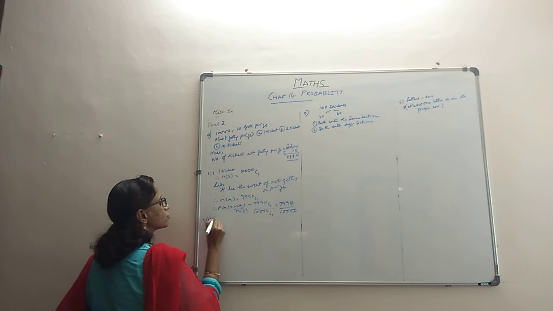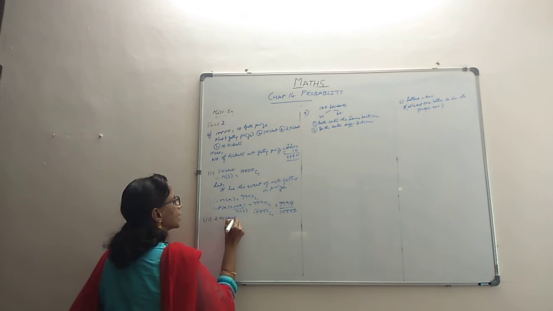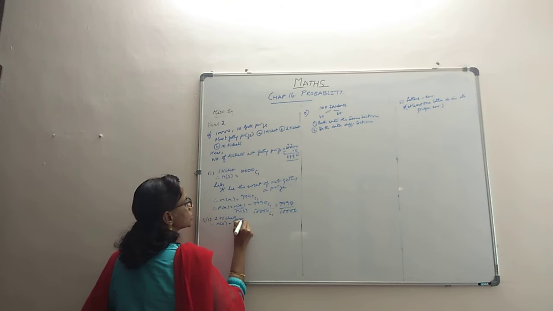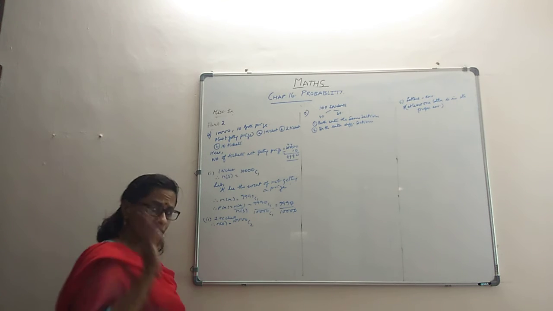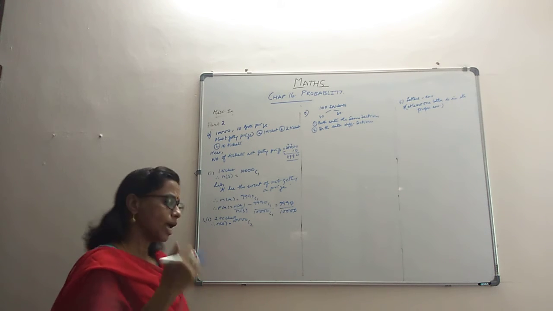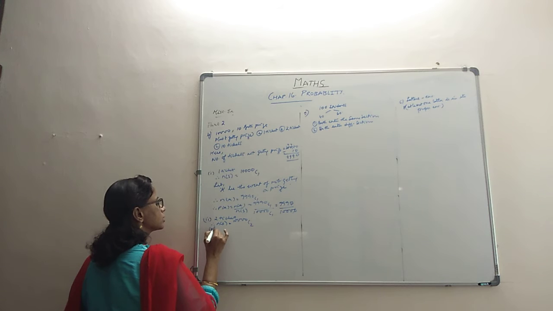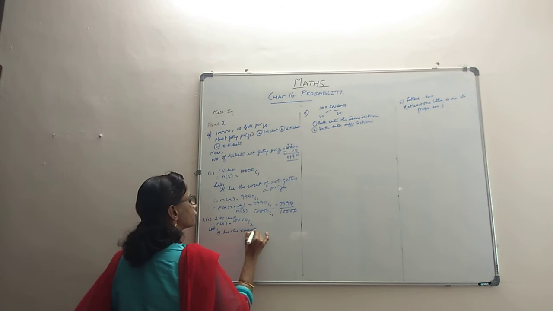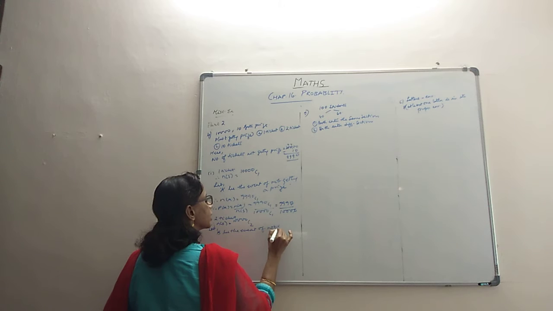Second case, when you have 2 tickets, n of S will be 10,000C2, because from the 10,000 tickets you are choosing 2 tickets. Let B be the event of not getting a prize.